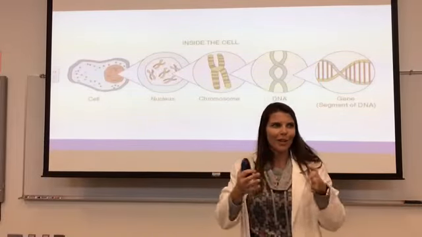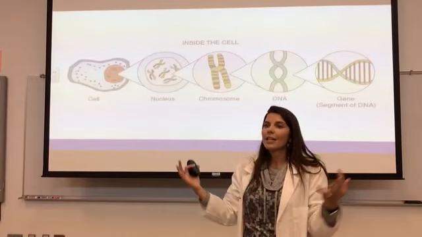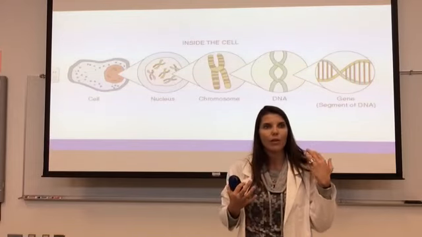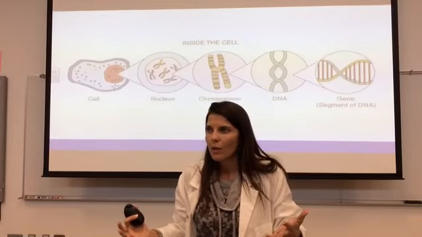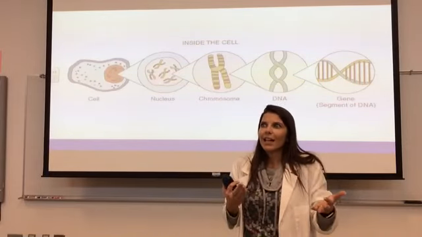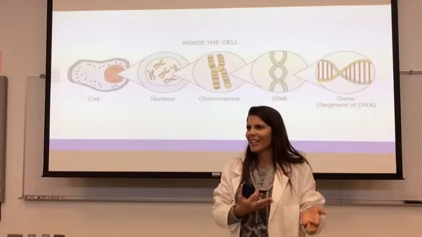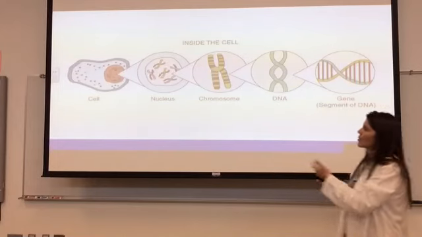But your genes are in your chromosomes. I just want you to see how it all fits together, so that when you speak about it or read a question about it, you're not thinking, oh my gosh, it's talking about DNA, what about chromosomes? DNA is your chromosomes. Your chromosomes are your DNA, which have your genes, and they're all located in your nucleus, which is inside of your cell.